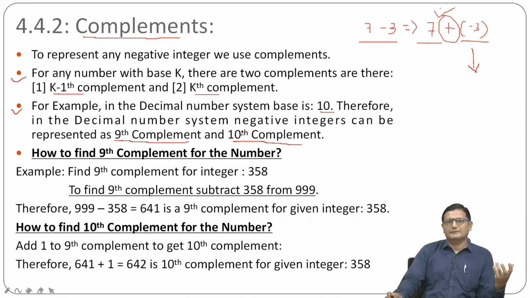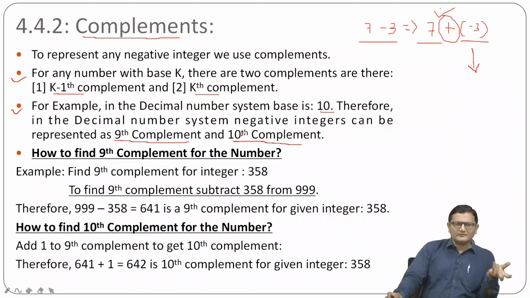For the binary number system, how many different types of complements will be there? In the case of binary, there are only two symbols, so the base is 2, okay. So, 2's complement and 1's complement will be there, right. In the case of decimal, we should have 9th complement and 10th complement.